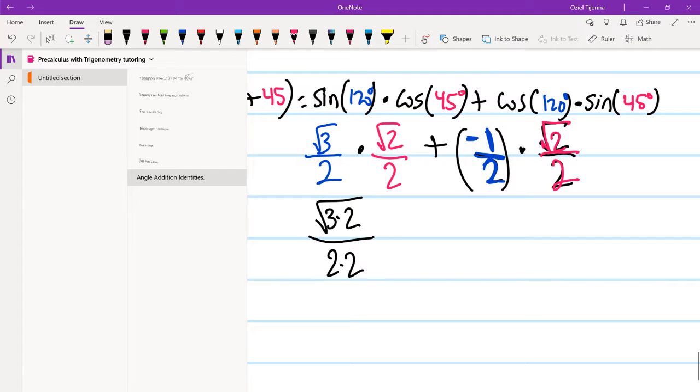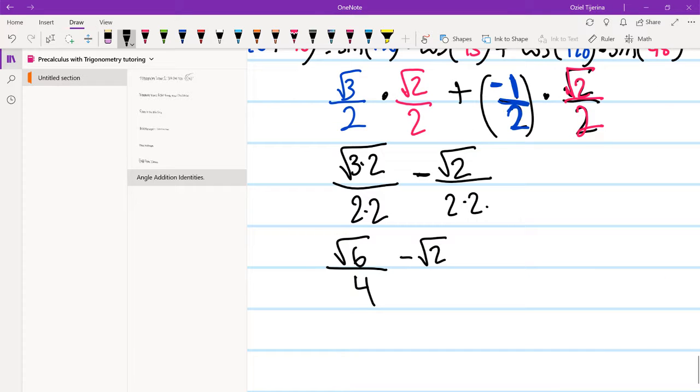So then you would have the square root of 6 over 4 minus the square root of 2 over 4. So the square root of 6 minus the square root of 2 all over 4. And since you can't simplify it any further, this would be your final answer.